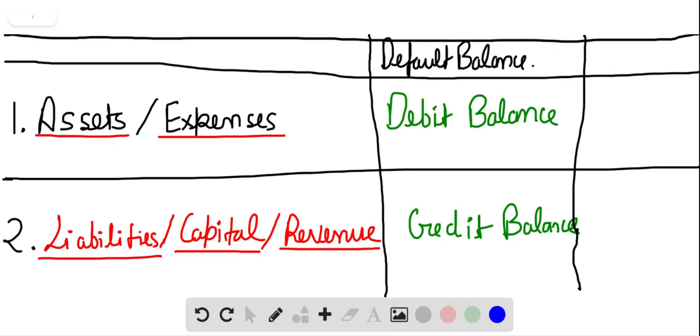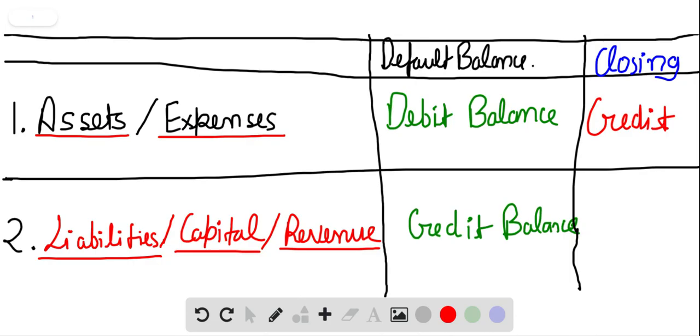Now let's come to the closing. Whatever accounts have debit balances will be closed to their respective destination accounts by giving a credit to them. Let's say we have purchased an asset.